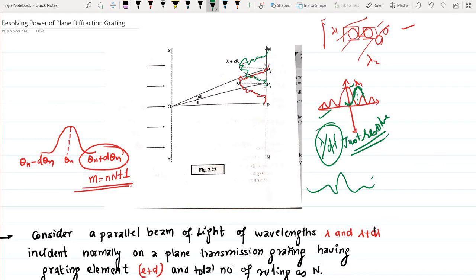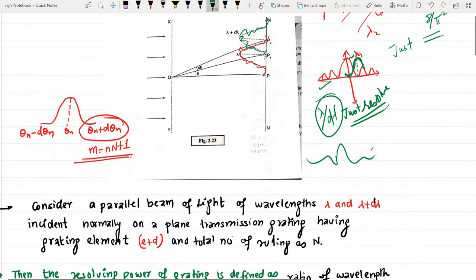When these two coincide, the case is called the just resolved case. We have already seen that there is a dip, and that dip has a magnitude of 8 by pi square. Whenever the peaks are distinctly seen, we see the lights clearly. That is called the resolved case. Basically, this concept is what we will use to solve for the resolving power of the diffraction grating.